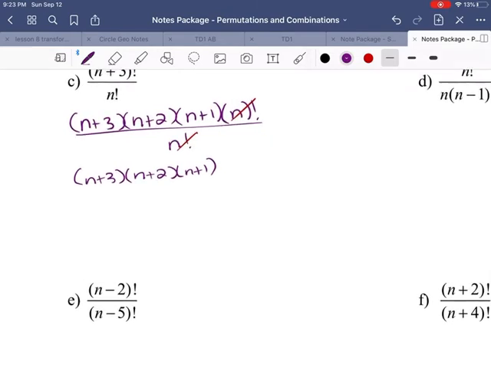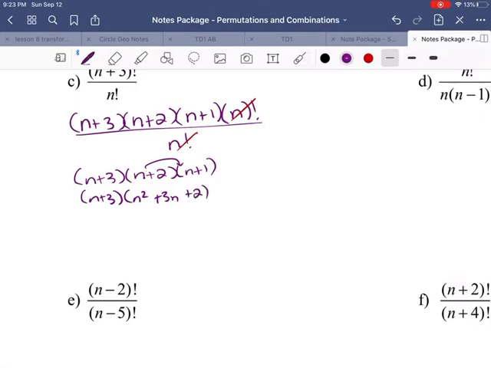All right, so if you expand your second terms here, you'll get n squared plus n plus 2n. So the middle part goes to plus 3n. And then your last part goes to plus 2.